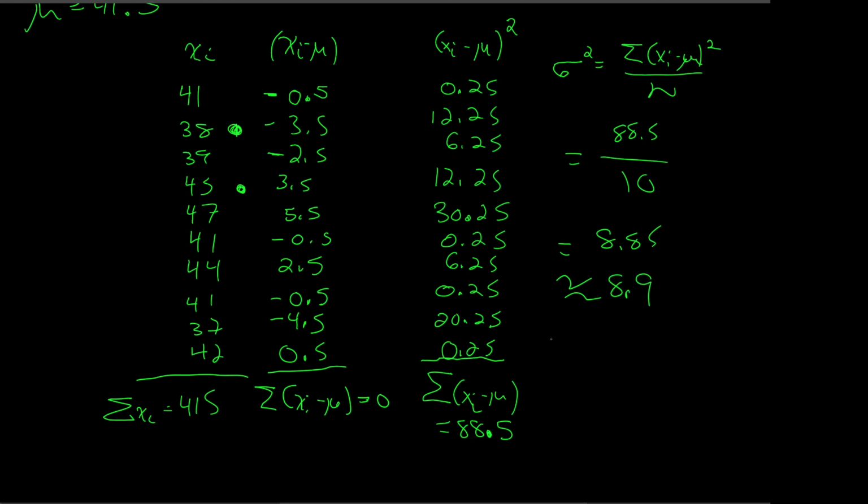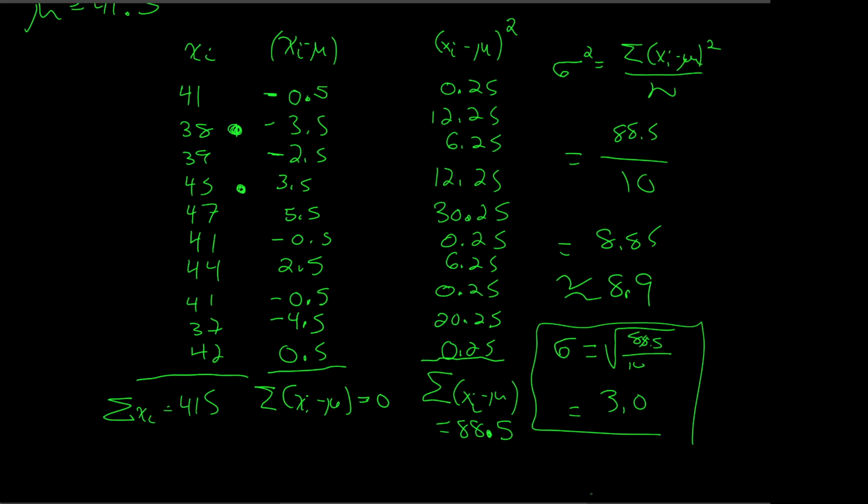And if I take the square root of my variance, 88.5 over 10, I get approximately 3.0. And so this has a standard deviation of 3. And so this is a way of talking about how far the data spreads out from the mean in a positive value.